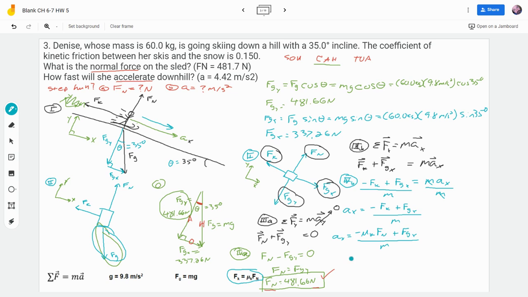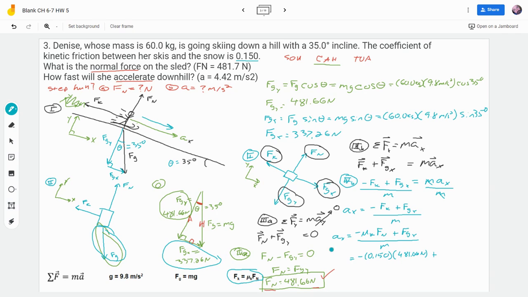So this is going to actually be equal to minus mu sub k is 0.150, that number from up here. F sub n is that number we solved for on the A side, 481.66 newtons, plus f sub gx. That is this number here.